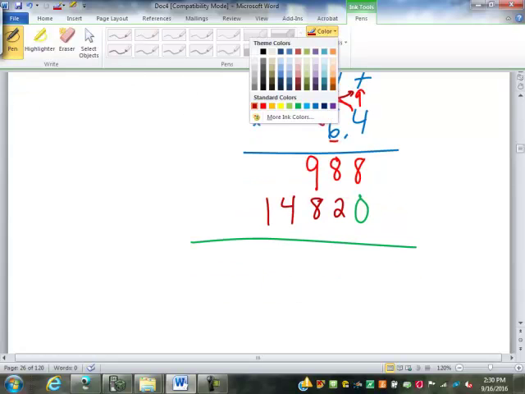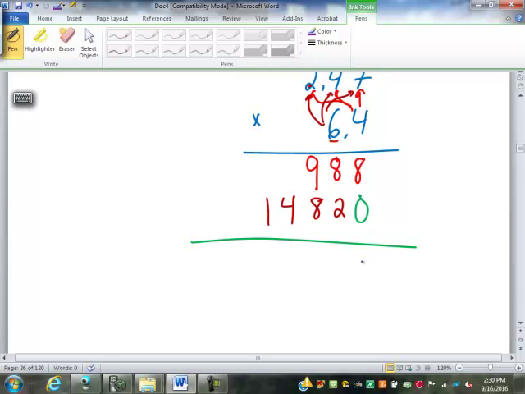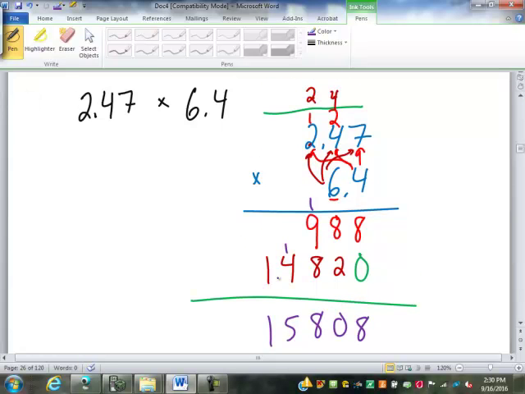Now we're going to go ahead and combine, adding our columns like we did with whole numbers. 8 and 0 is 8. 8 and 2 is 10, so 0 carry the 1. 1 and 9 is 10, plus 8 is 18, so 8 carry the 1. 1 and 4 is 5, and 1. Where does that decimal point have to go?